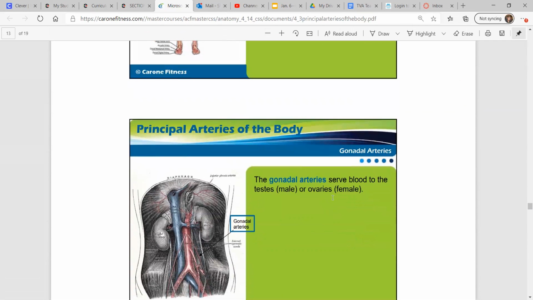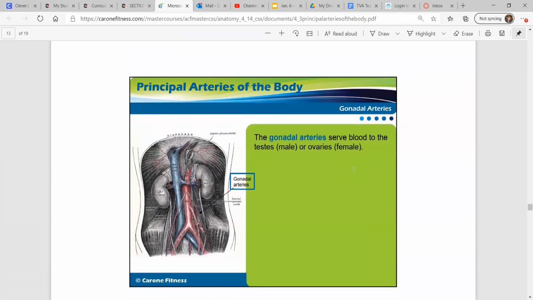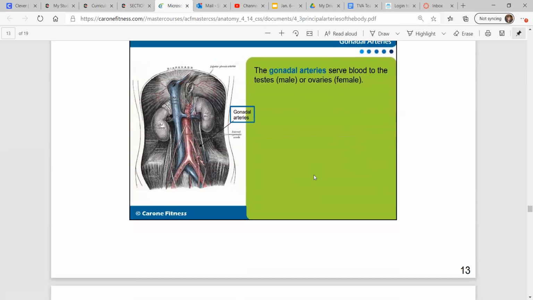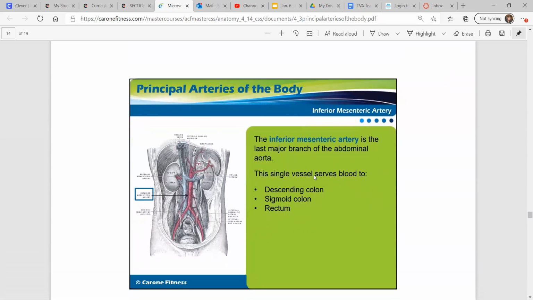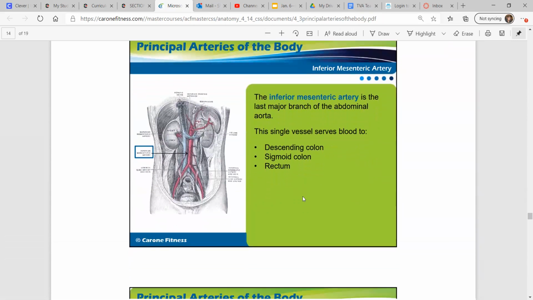The gonadal arteries serve blood to the testes or ovaries, depending on male or female. The inferior mesenteric artery is the last major branch of the abdominal aorta. This single vessel serves blood to the descending colon, sigmoid colon, and the rectum.